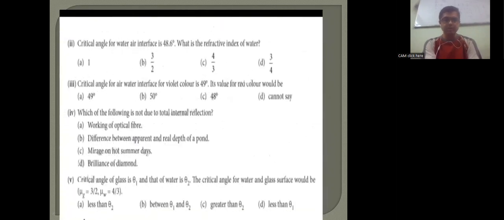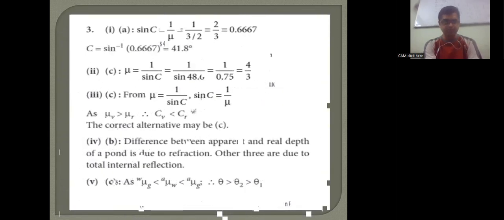Now come to question number 3. Critical angle for air-water interface for violet color is 49 degrees. Its value for red would be, now student, mu equals 1 by sin ic, so critical angle is 1 by mu.